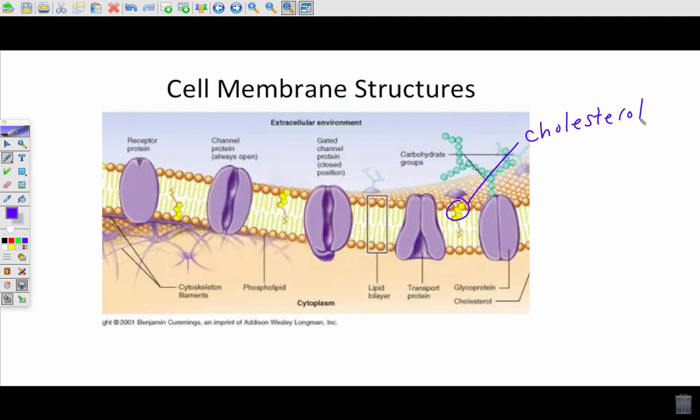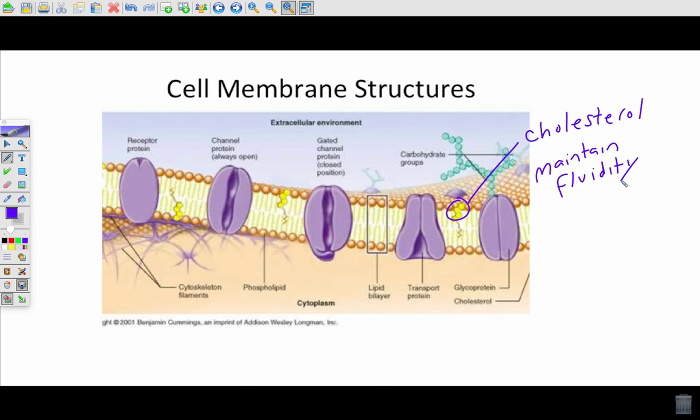Cholesterol is a lipid, and it maintains the fluidity of the cell. That means that if the cell gets really cold, it won't break apart because the cholesterol is in there to keep it fluid. And also if it heats up, the cell won't just fall apart.